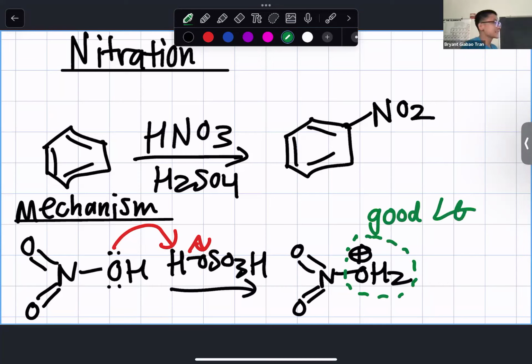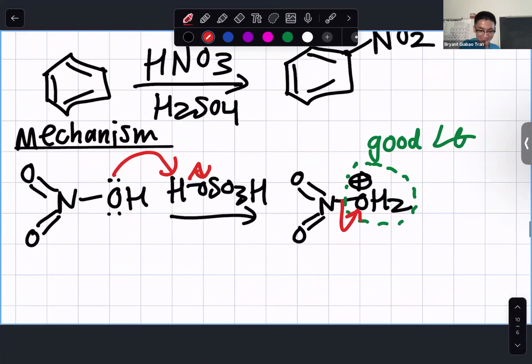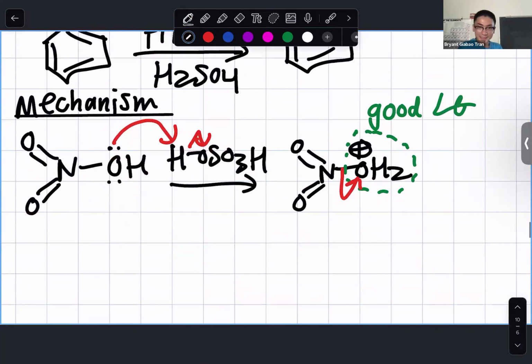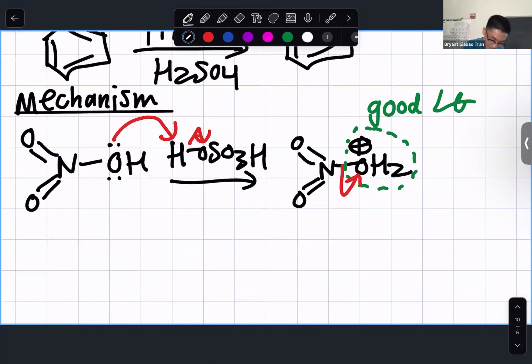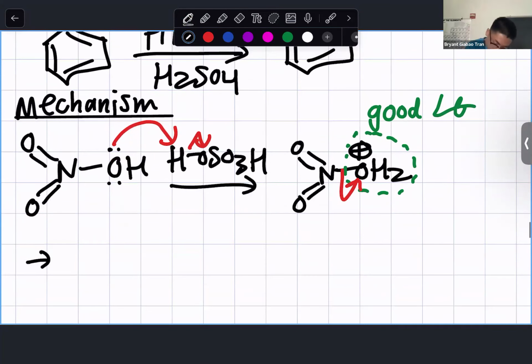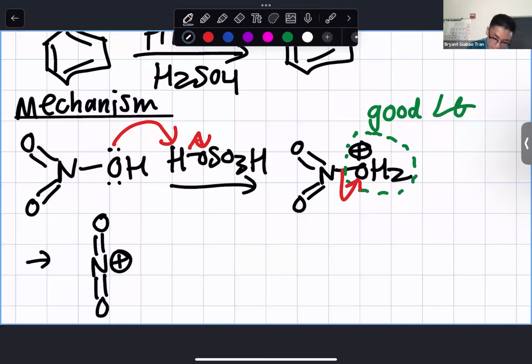Now think of this as an SN1 reaction. That good leaving group is just going to leave by itself. That's going to give us this electrophile here, where the nitrogen now has a positive charge because it lost the bond.